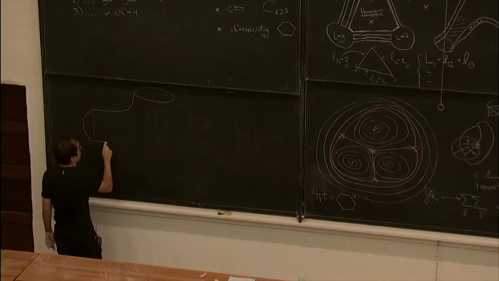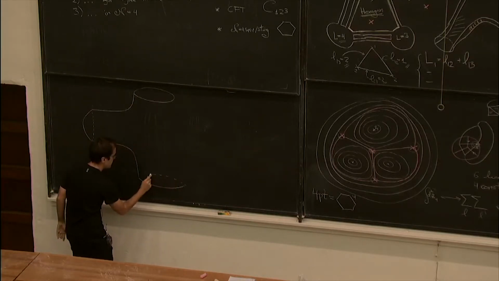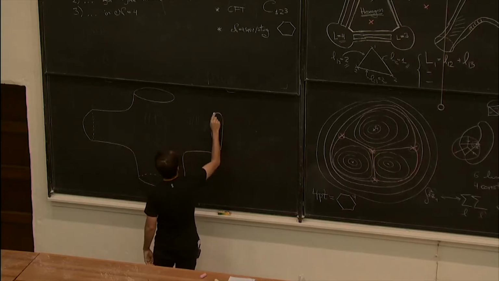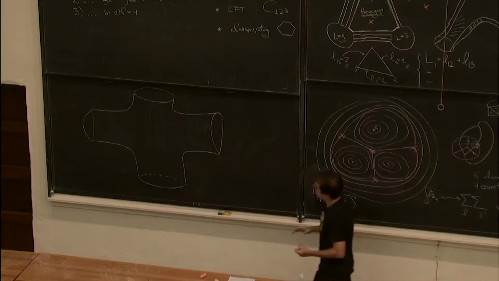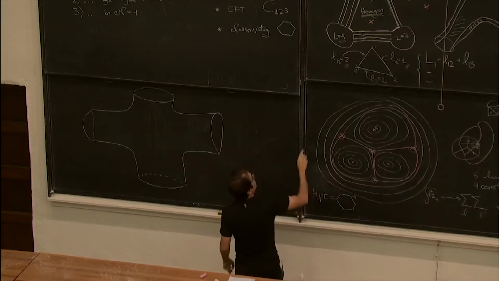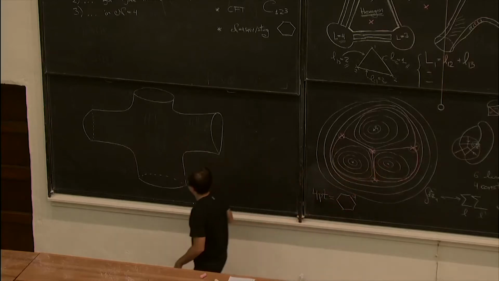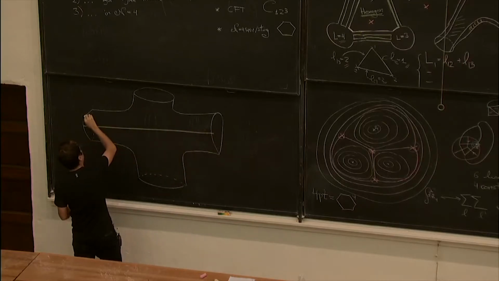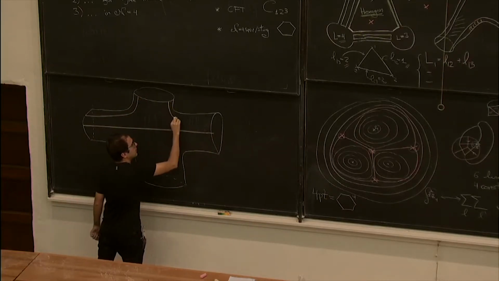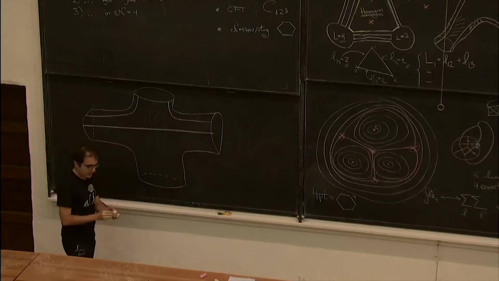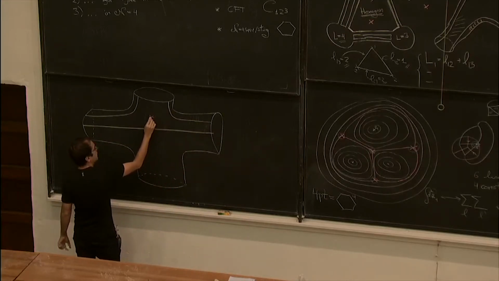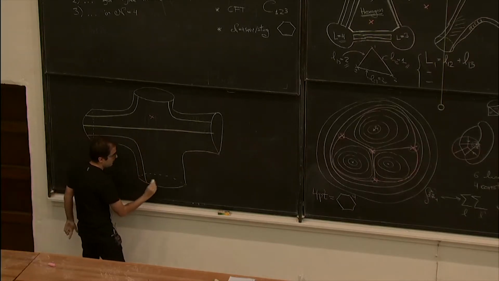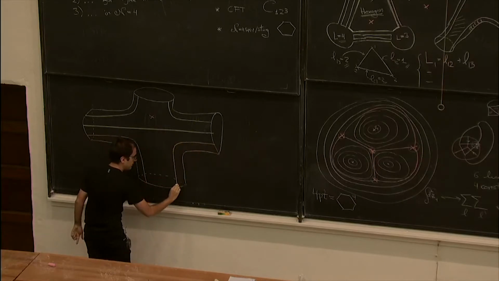So let's draw a 4-point function like this. Okay? And if you see, this graph that I drew here would correspond to cutting the pair of pants like this, like this, like this. So you see here is one hexagon. Let me put a cross to indicate this would be like the center of this hexagon. And then I would cut it like this, like this.